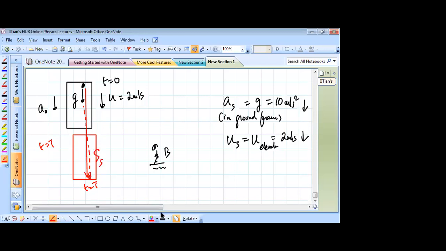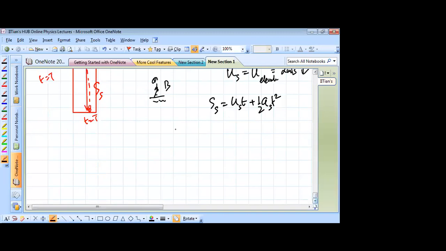Okay. So the displacement of the screw in the ground frame will be what? Initial velocity into time plus half acceleration into t squared. Okay. So this will become 2 into root 2 plus half into 10 into root 2 whole squared.